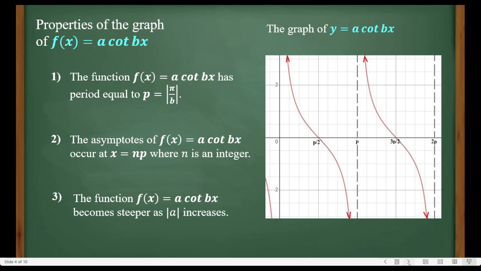Then the third property is that the function f of x equals a cotangent bx becomes steeper as the absolute value of a increases. Okay? Next.